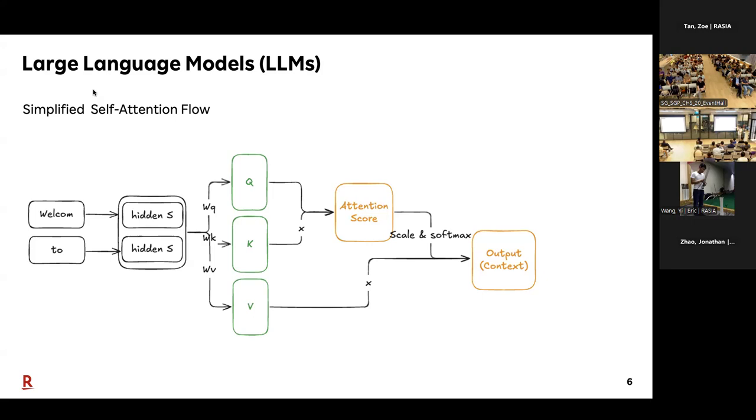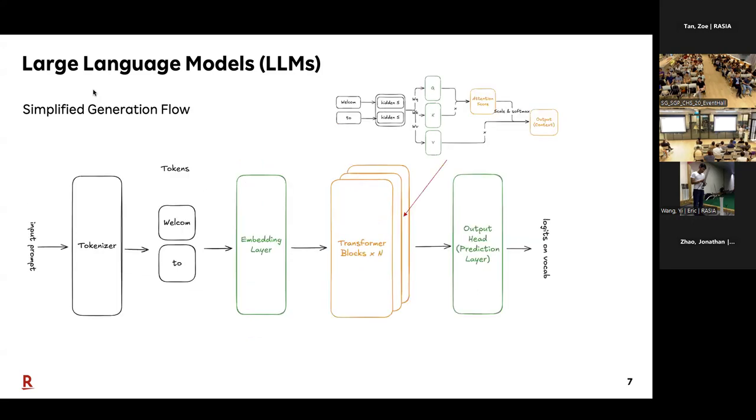Then these hidden states will be multiplied with the parameters of the model, become QKV projections, which we will talk more about later. The QKV projections will be multiplied together, first Q and K, and then with V. And then we get the output context. That's basically the flow of self-attention.